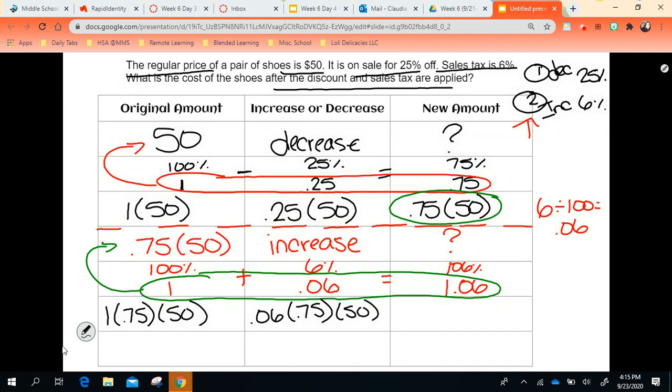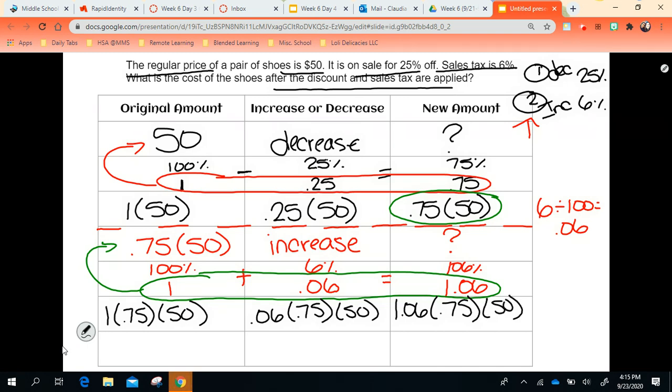Notice how the only thing additional I'm putting there is the decimal. And then for our final amount, which is what we're looking at, it's 1.06 times 0.75 times 50.